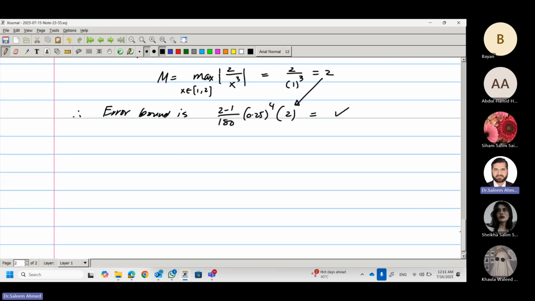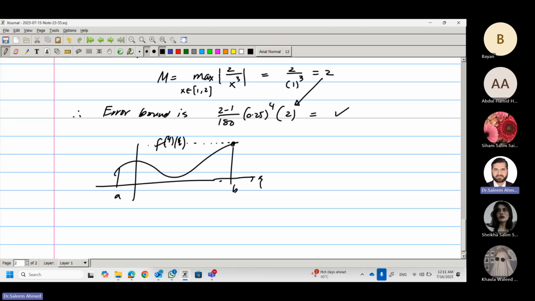Or I can give you the graph. Let's say I can give you the graph of the fourth derivative. I say that, okay, this is your xi and this is the graph, from a to b, let's say. Now you can easily check that the fourth derivative has the maximum value here.